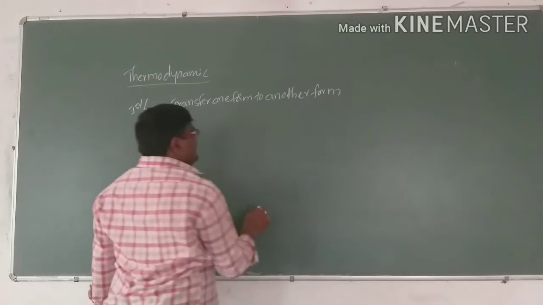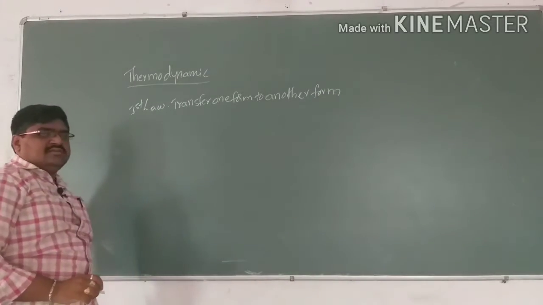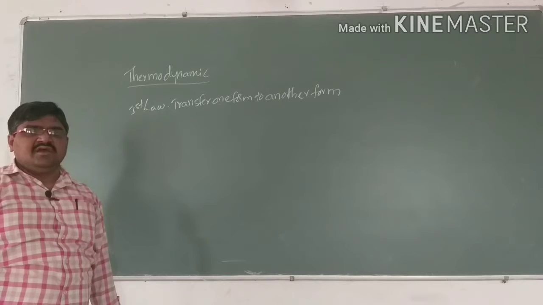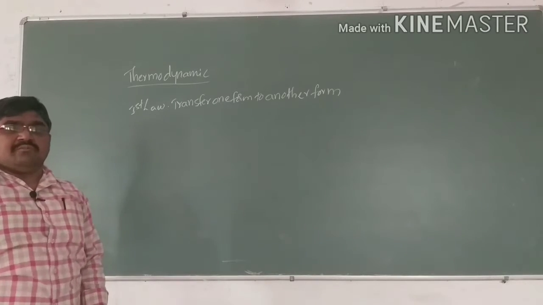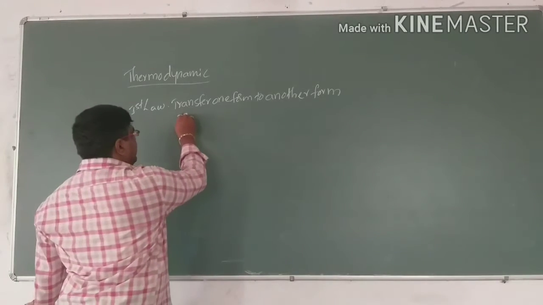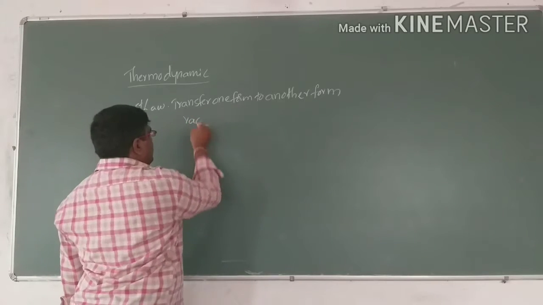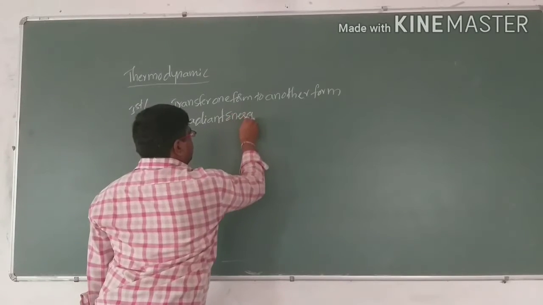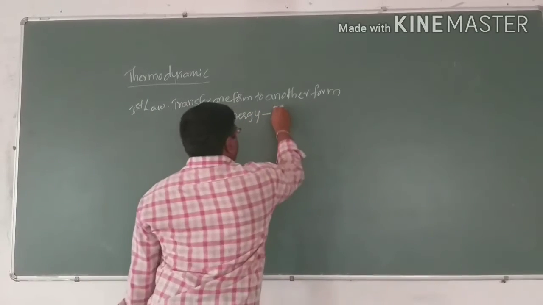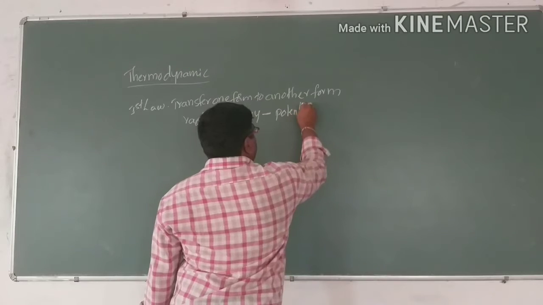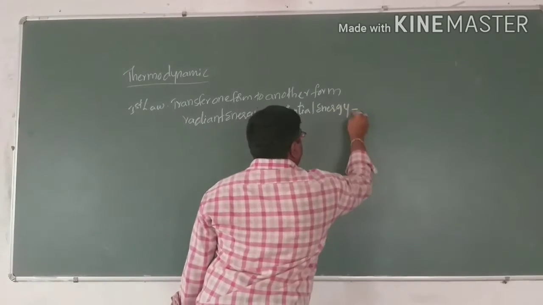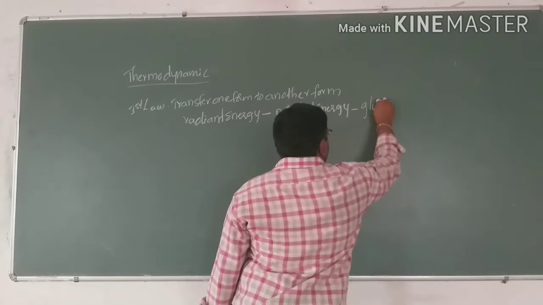Here the sunlight, that is radiant energy, is converted into potential energy in the form of glucose.